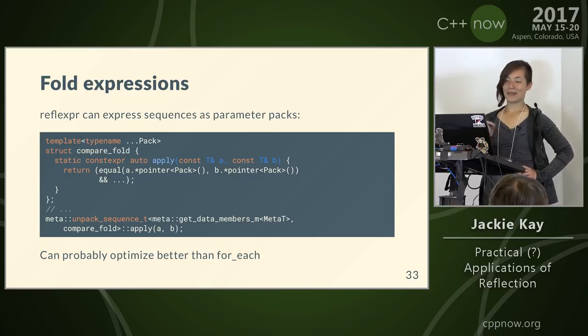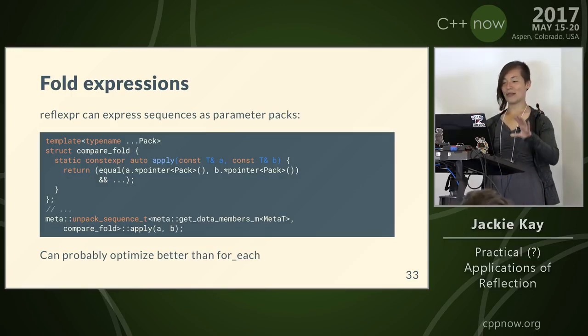And that says if you have a struct that takes a pack, variadic template arguments, and if you pass get data members to that pack, that will unpack it as a sequence. But if you don't use that, this get data members cannot be understood as a parameter pack on itself. So it's a little annoying to use.